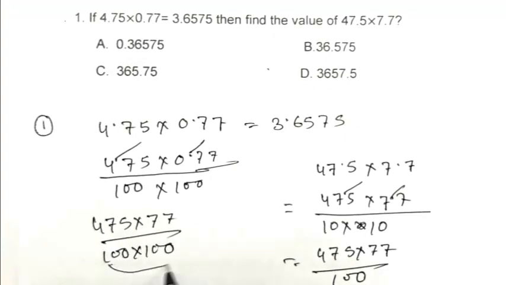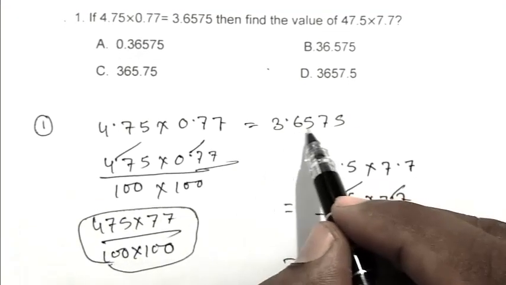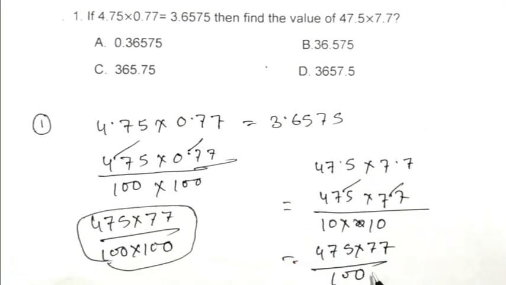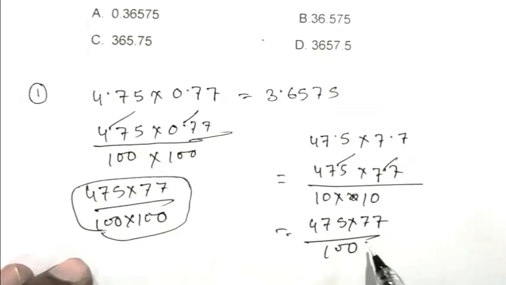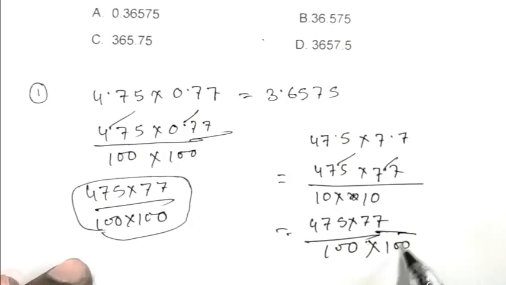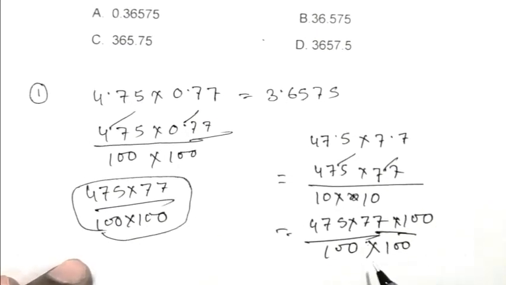This expression is 3.6575. So we have to convert it to this expression, so we multiply it by 100 and here also 100.